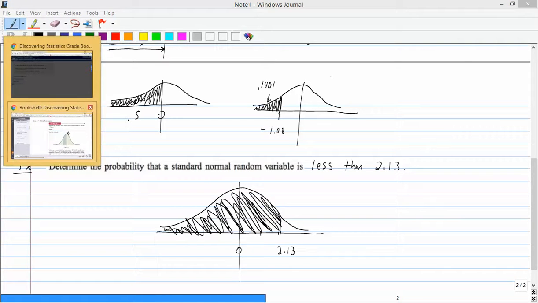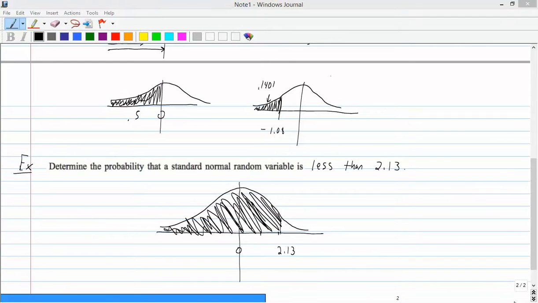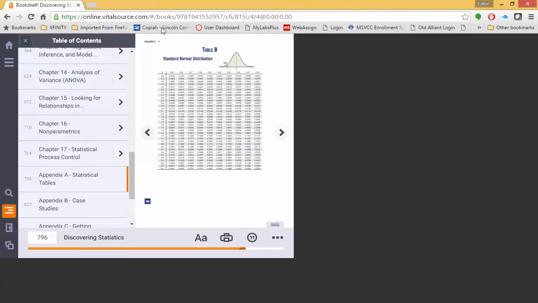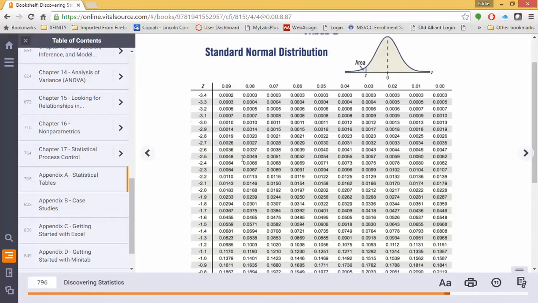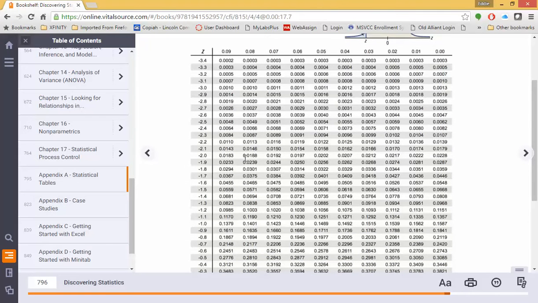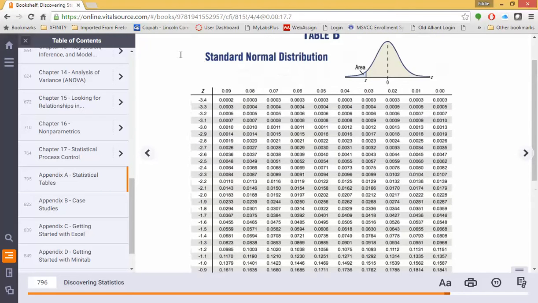So I'm going to go back to my table. Alright, so here's my table here. Is this the table that I need?